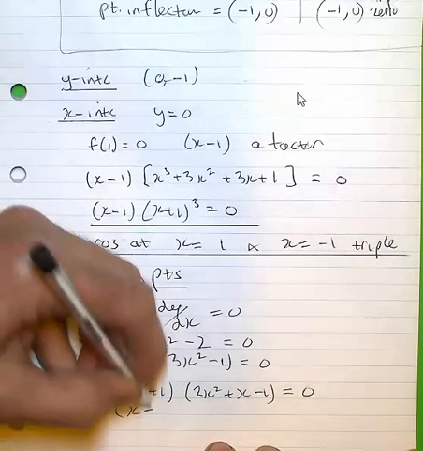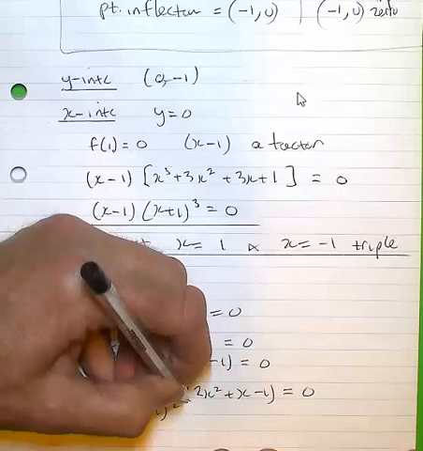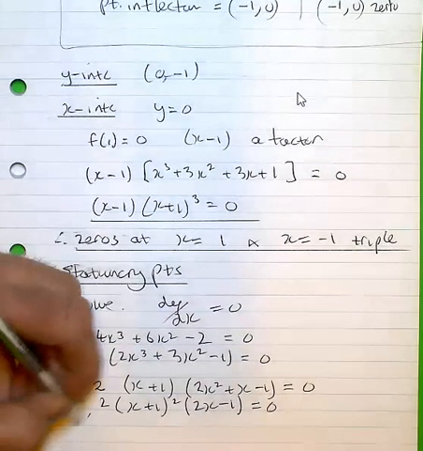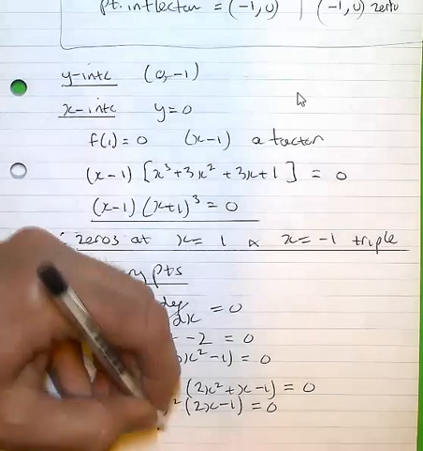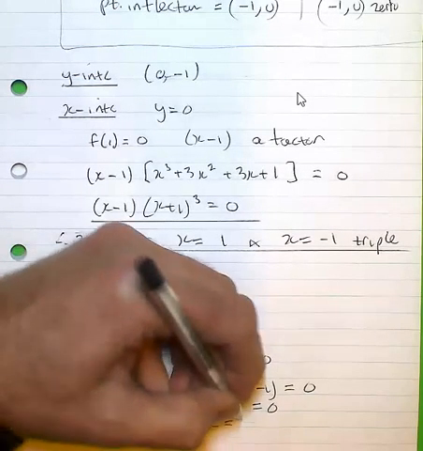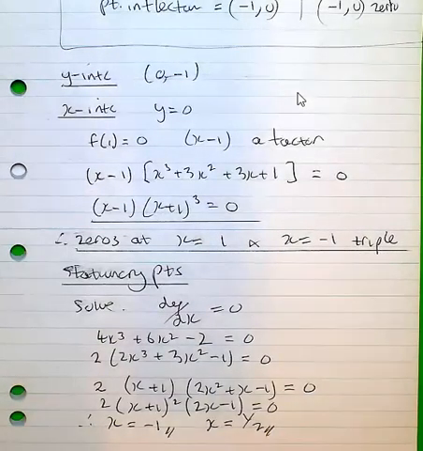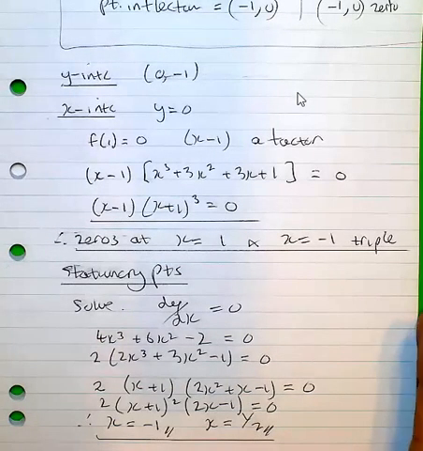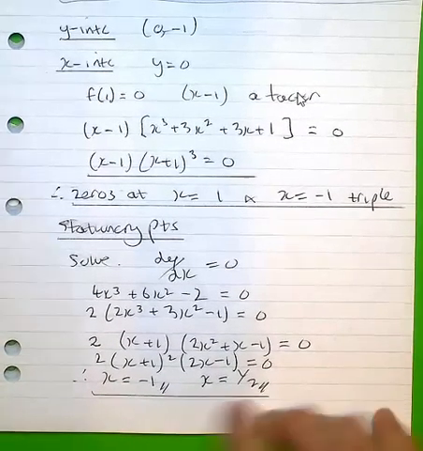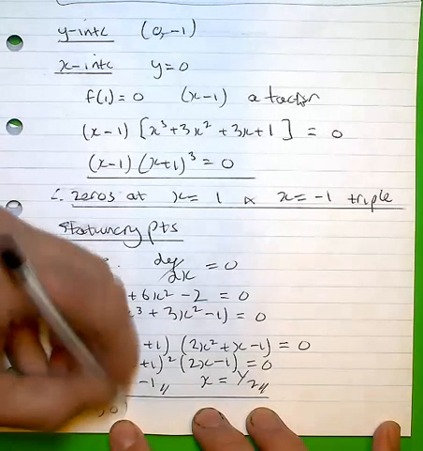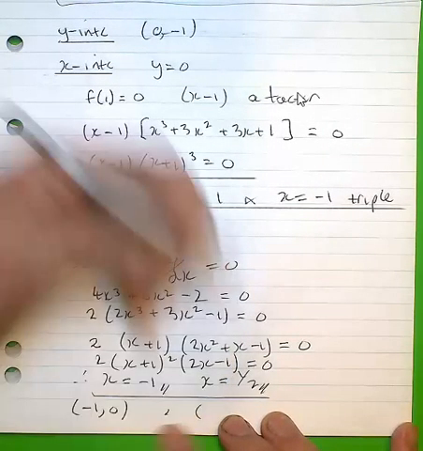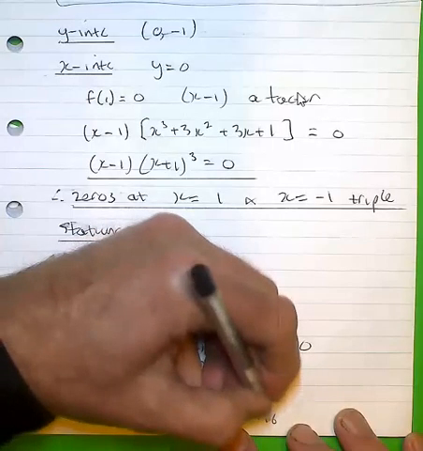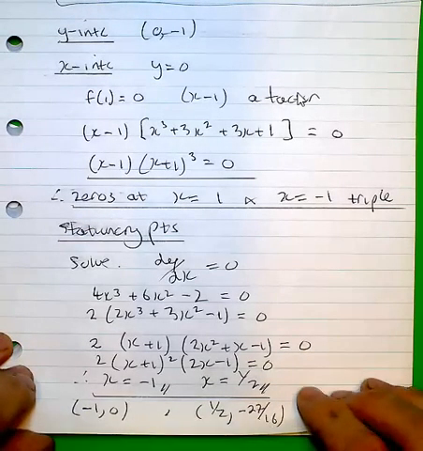And very quickly you should see 2x plus 1 all squared, 2x minus 1 is equal to 0. So therefore x is equal to negative 1 and x is equal to a half. And when I substitute that in, that will give me the point negative 1, 0. And I'll leave you to do the other one and just quickly give you a half, negative 27 over 16.